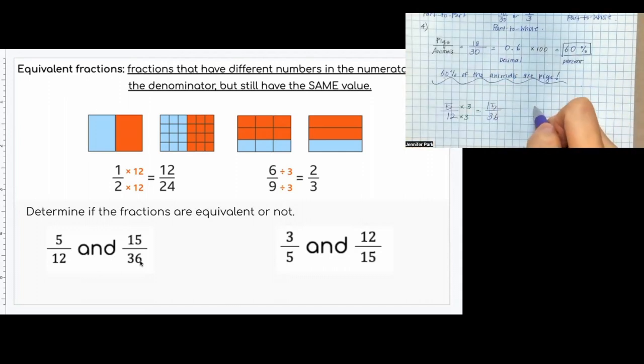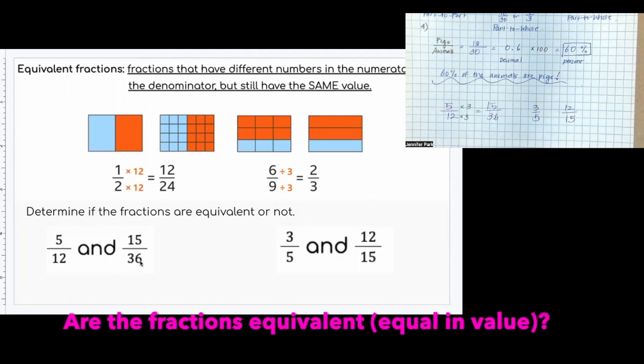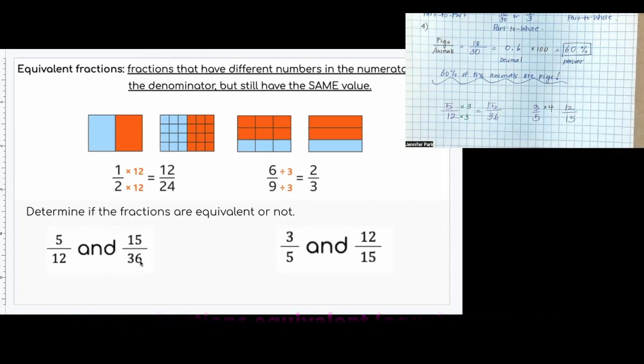So what about 3 over 5 and 12 over 15? Are these two equivalent? Well, the answer is no. On top, you multiply by 4 to get 12, but on the bottom, you have to multiply by 3 to get 15. So they are not equivalent. They're not the same number.